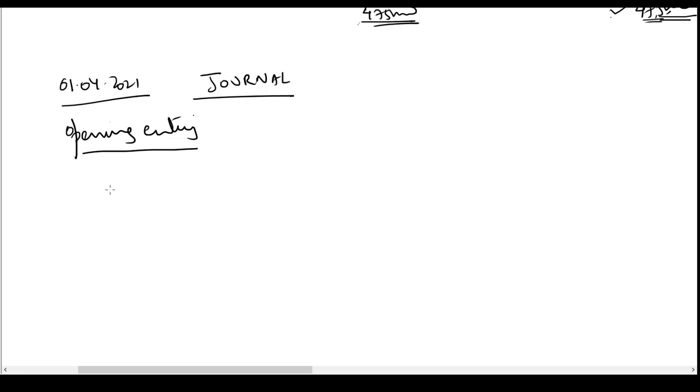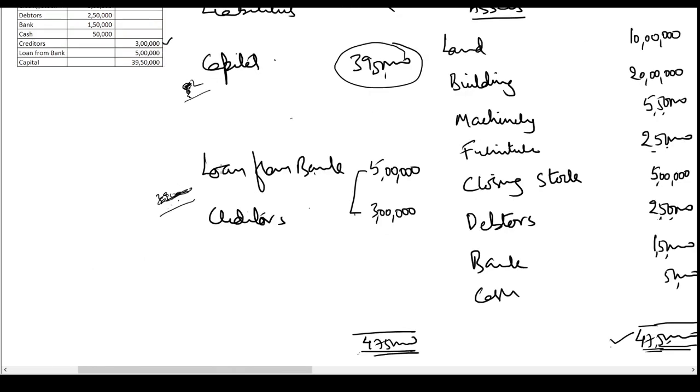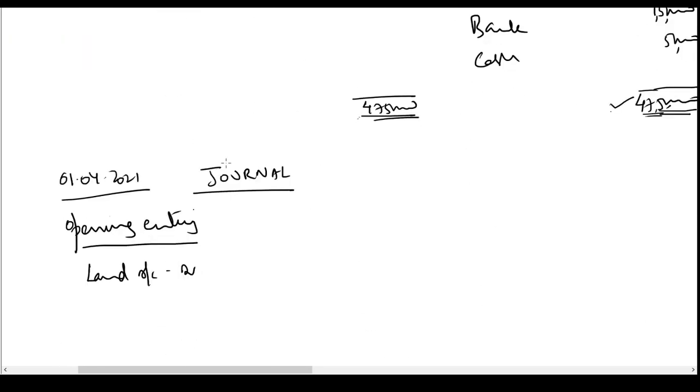So what we have to do is bring down the balances into the journal in the next year. Assets will continue to show a debit balance, liabilities will continue to show a credit balance. So we'll pass the entry: Land account debtor, we take the same balances, 10 lakh.